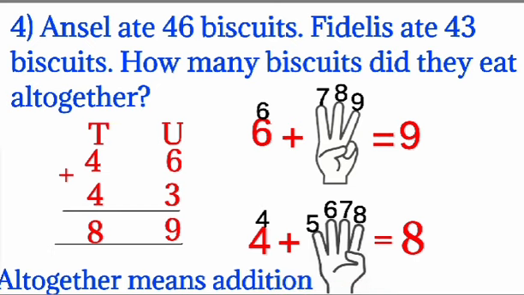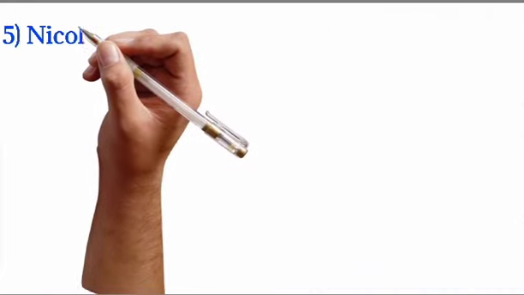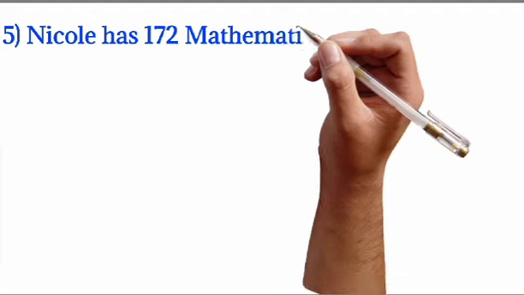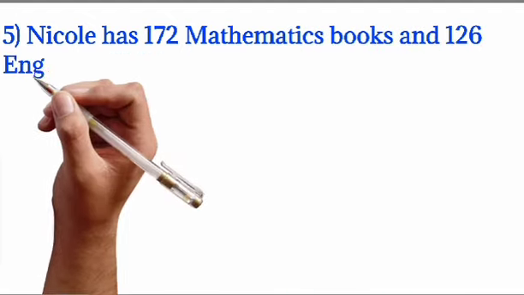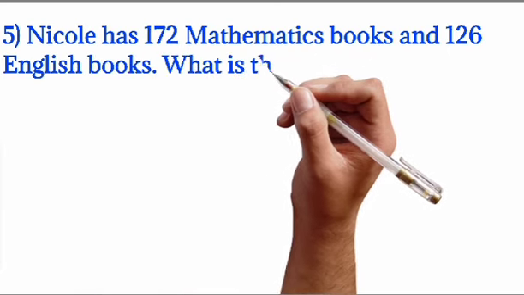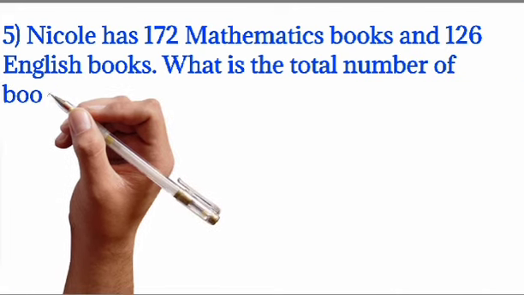Now the next is number 5. Nicole has 172 mathematics books and 126 English books. What is the total number of books she has?